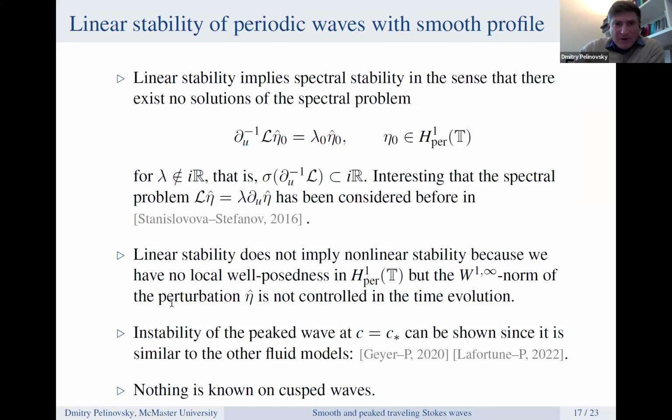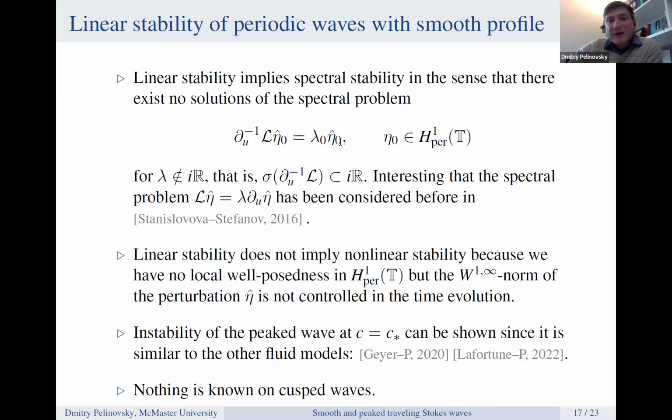The idea of, okay, before that, a few remarks are in order. So first of all, we can do spectral stability with the same level. Linear stability, in fact, implies spectral stability here. For spectral stability, we would have an eigenvalue problem, and the entire spectrum is a subset of a purely imaginary line.